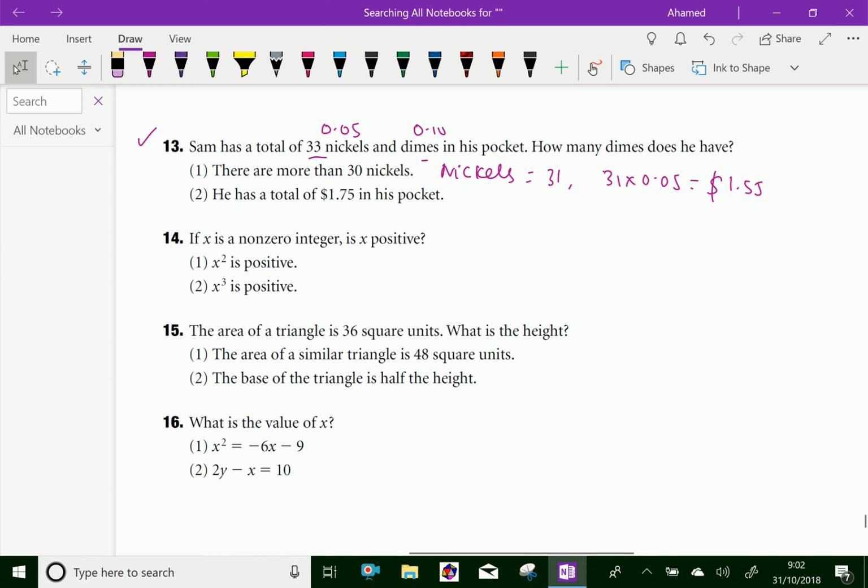Therefore 31 into 0.05 gives $1.55, and remaining two dimes are there, that is 2 into 0.10, which is equal to 0.20.